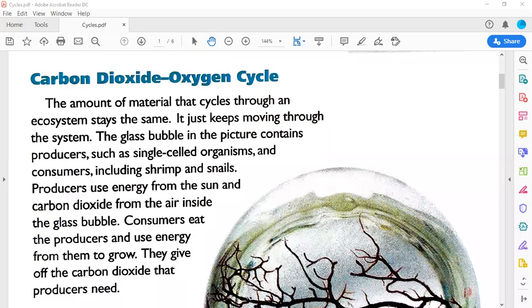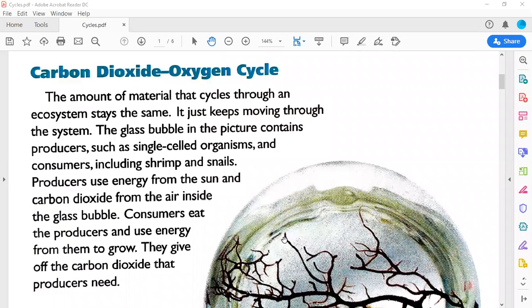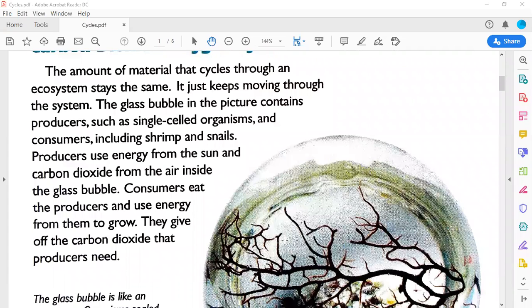Producers use energy from the sun and carbon dioxide from the air inside the glass bubble. Consumers eat the producers and use energy from them to grow. They give off the carbon dioxide that producers need. Thank you very much, Darling.